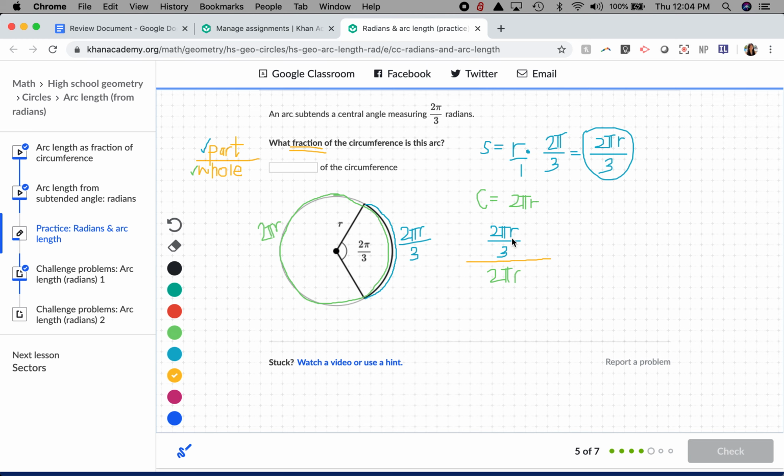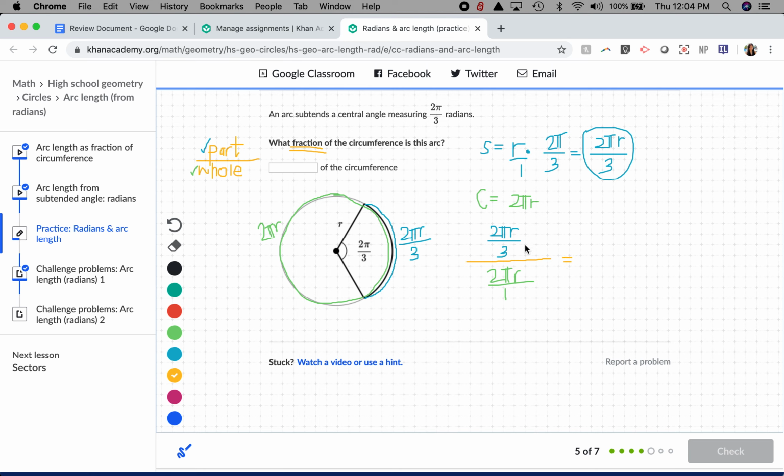Well, what I have here currently is a fraction in the numerator. An easy way to simplify that is to make your denominator a fraction also, and multiply your numerator by the reciprocal of your denominator. It'll look like this.